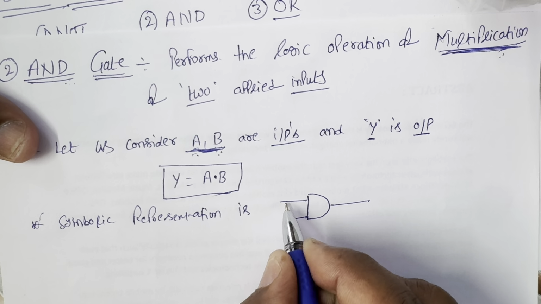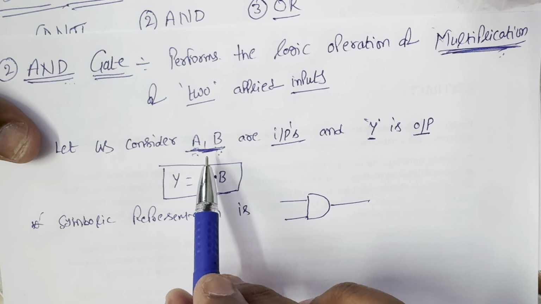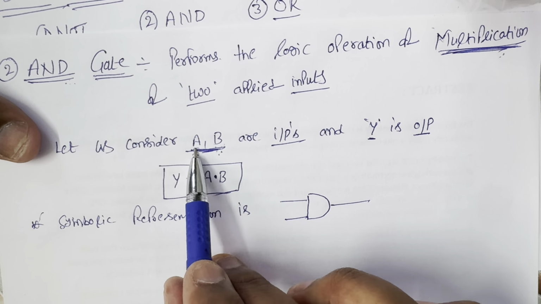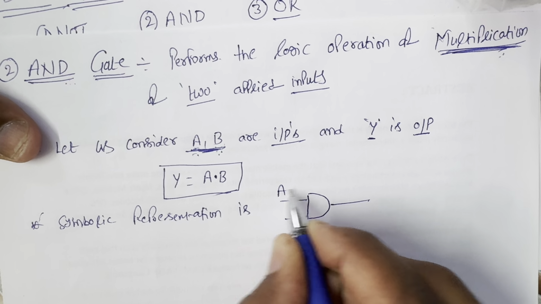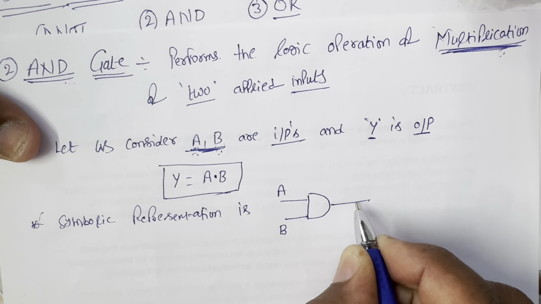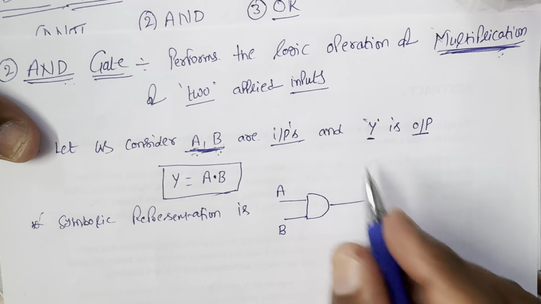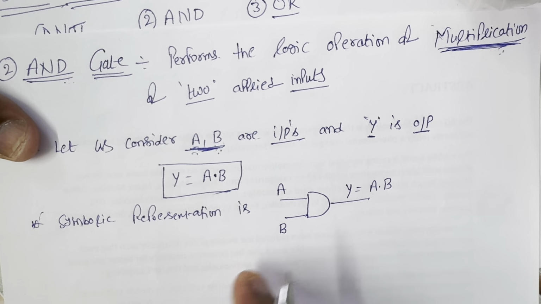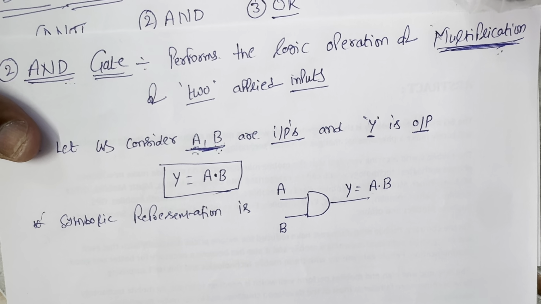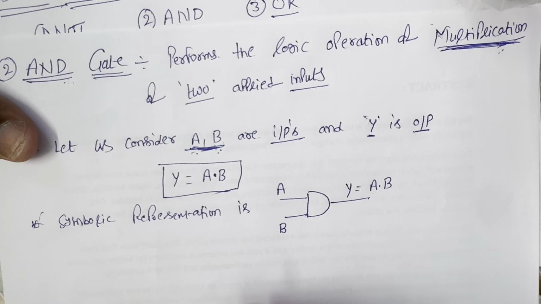Inputs are A and B, so here is A, here is B. Output is Y, and the expression is Y equal to A into B. It is the symbolic representation of the AND gate.